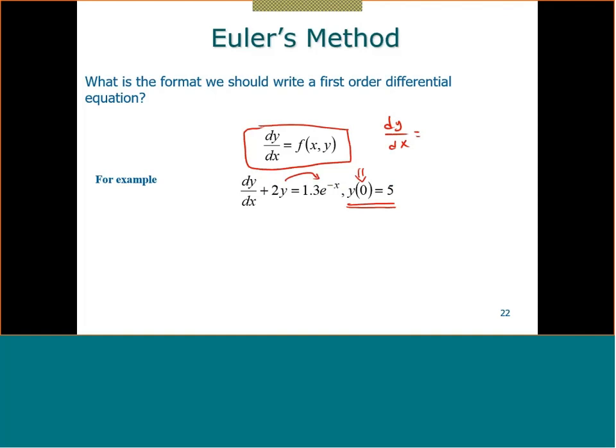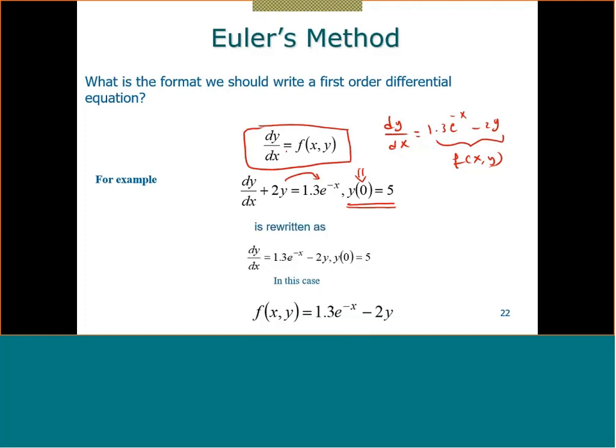So this becomes 1.3 e to the minus x minus 2y. Now this is your f of x and y. Before you start your solution, the first thing you have to do is put the equation in this format. Once you are done, we will start to implement the algorithm of the solution, as we will see in the next page.